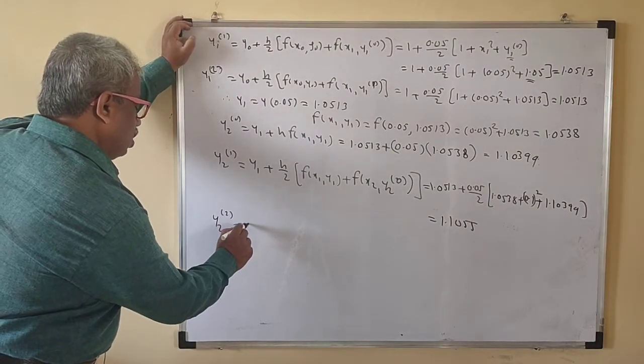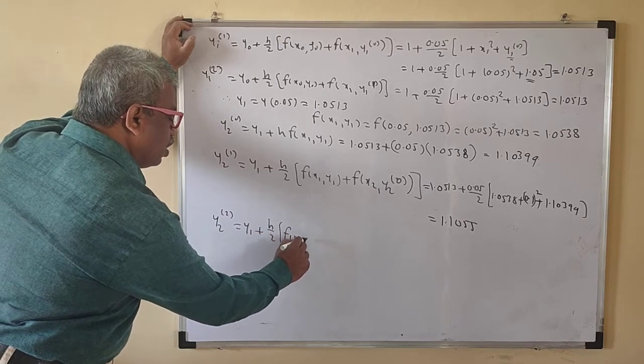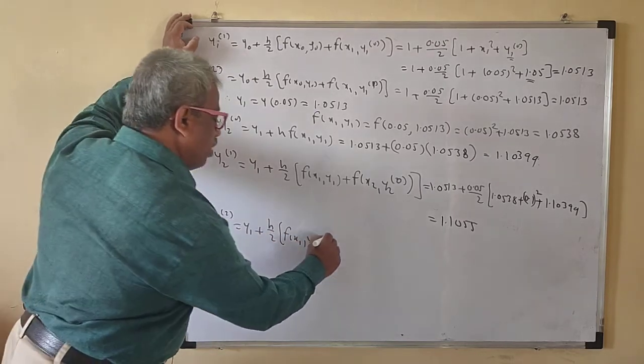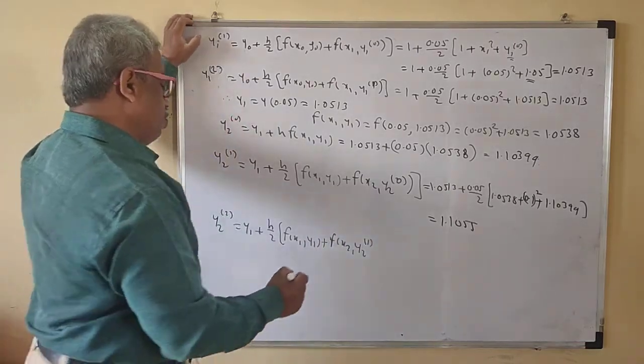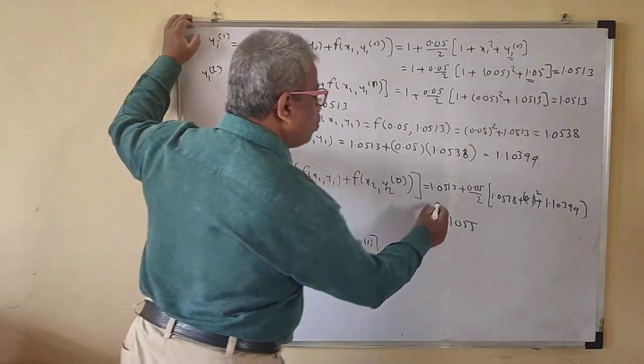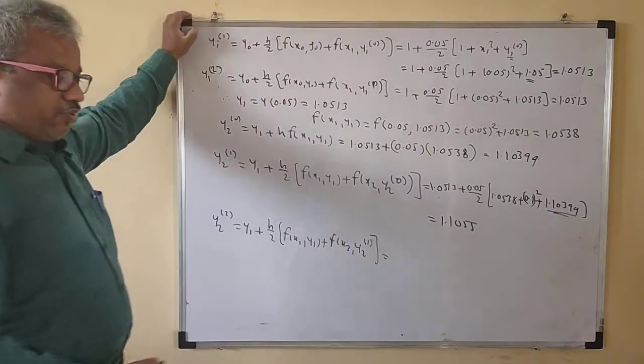y2 of 2 is y1 plus h by 2 f of x1 y1 plus f of x2 y2 of 1 now. y2 of 1. Okay? Up to this, see here, I only have to change this value.